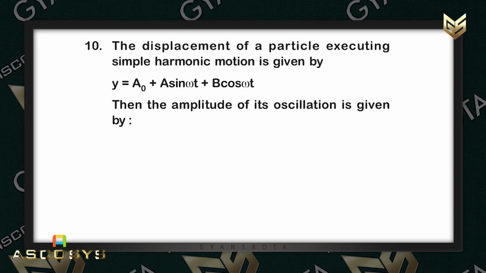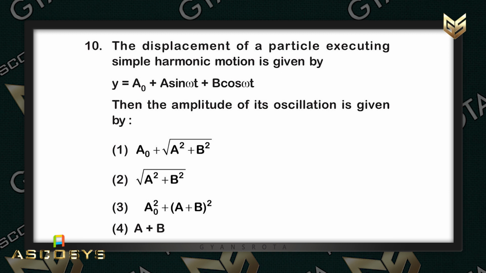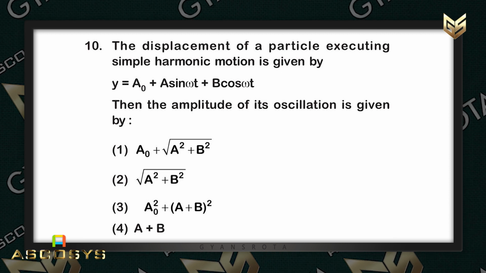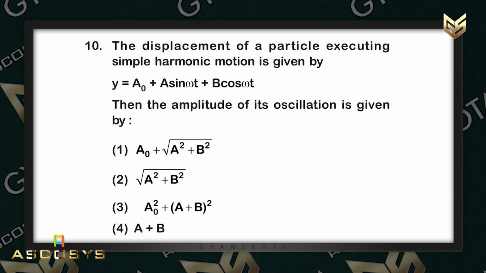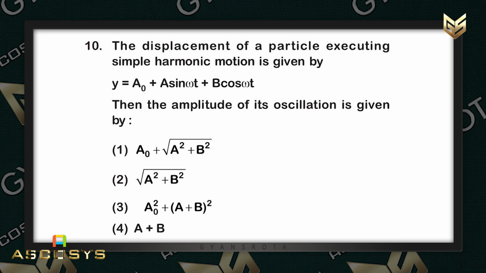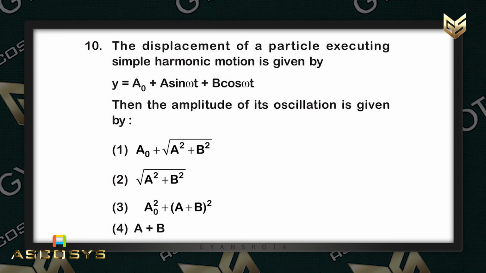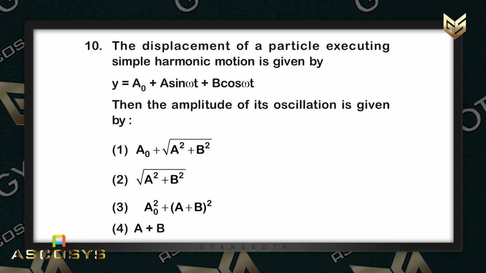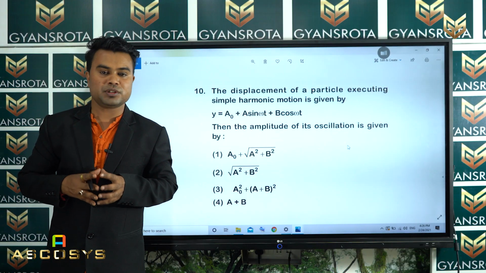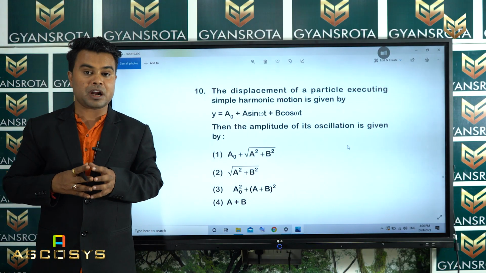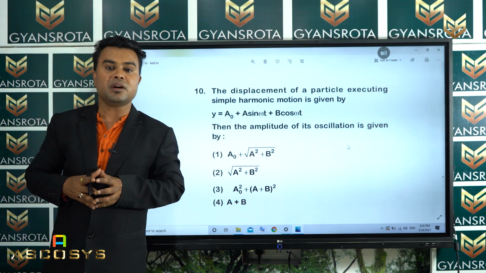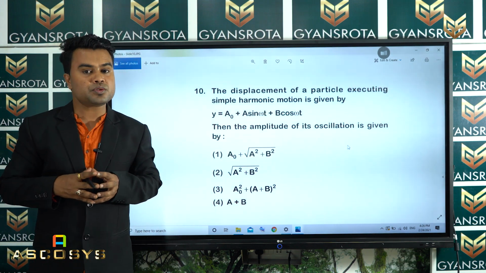The displacement of a particle executing simple harmonic motion is given by y equals a naught plus A sin omega t plus B cos omega t. Then the amplitude of oscillation is given by, that is what we have to calculate, from the chapter SHM, simple harmonic motion, class 11. Now see what is the formula which we will be using to solve this one.